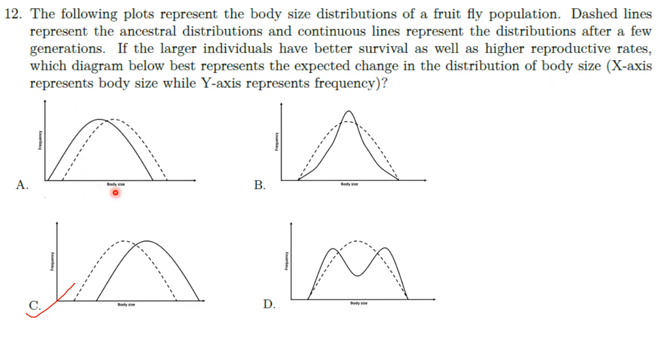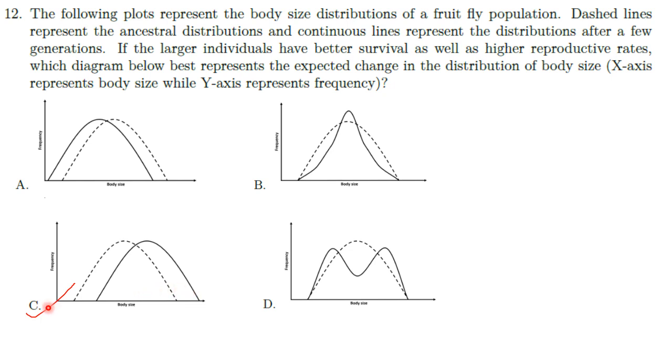X-axis represents body size. So this axis is the body size and this axis is the frequency. So they have asked if the larger individuals have better survival rate as well as higher reproductive rate. Okay, that means the present generation should have higher reproductive rate and better survival. So it should have larger body size than the ancestral population.